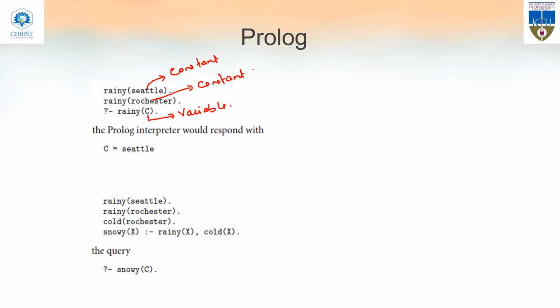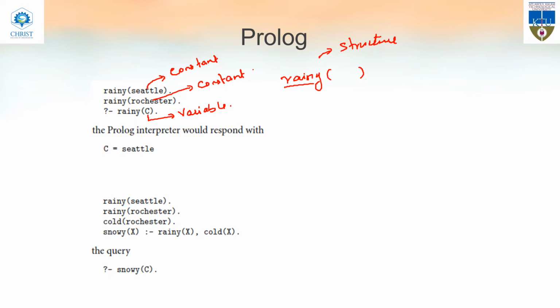And rainy, with something written in brackets, is a name followed by brackets, so this is called a structure. So seattle is a constant, rochester is a constant, C is a variable, and rainy is a structure. I hope you understand what a constant is, what a variable is, and what a structure is.